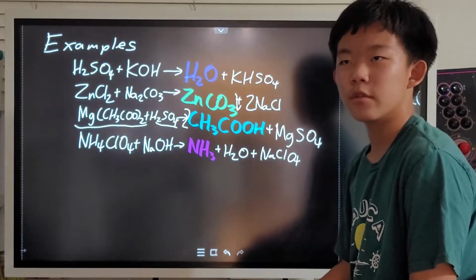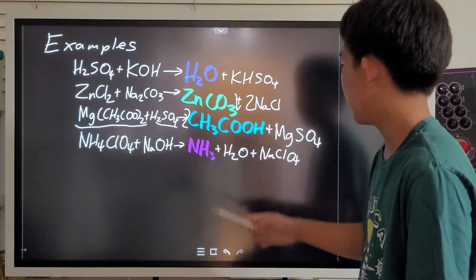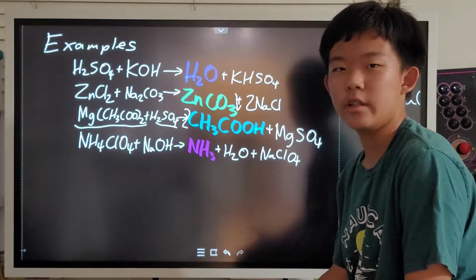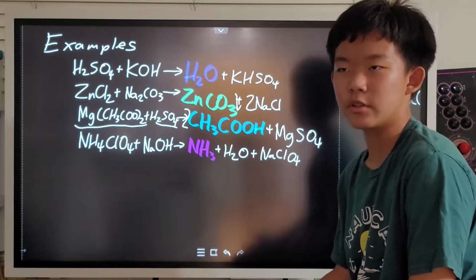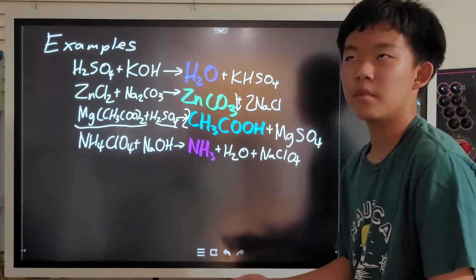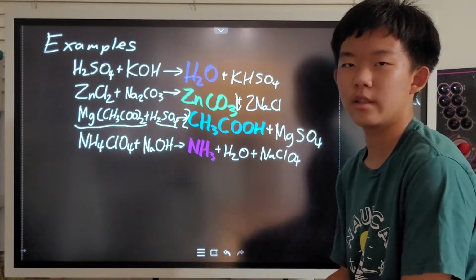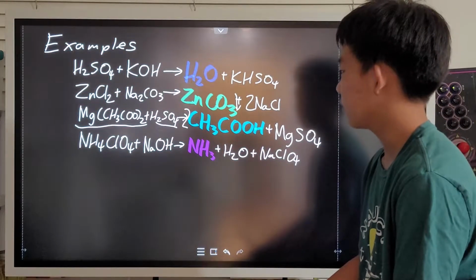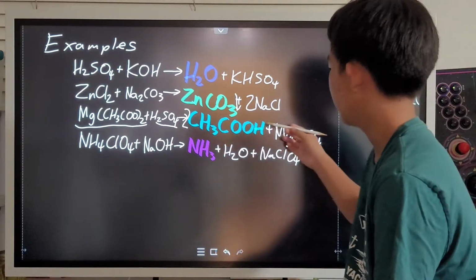Now, the driving force is that acetic acid doesn't ionize too much, right? It's a weak acid, so logically, it's not going to ionize too much in solution. So that means that more protons and acetate ions will bind to form acetic acid, and therefore that's going to drive the reaction forward to this side.